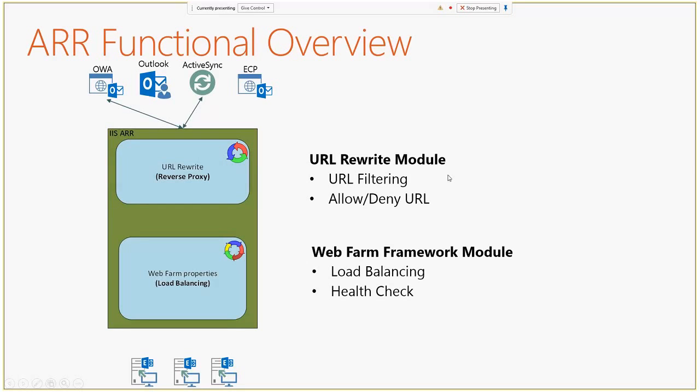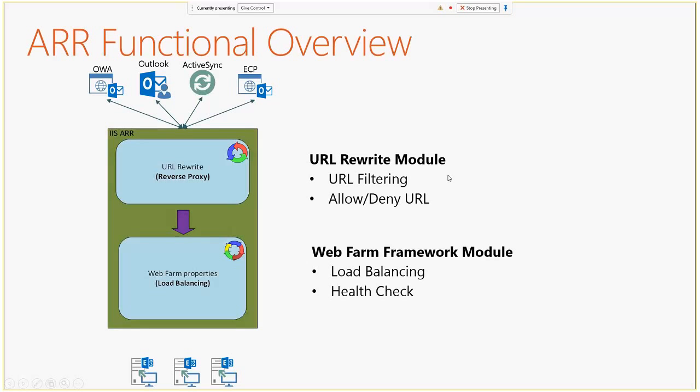All right, so when any request comes in, we're going to have a look at that request first in the URL rewriting module. The URL rewriting module is going to check if the request is actually valid, if there is a matching rewriting rule for the request that's coming in. And if there is a matching rule, we're going to redirect or reverse proxy that traffic accordingly to the web farm.